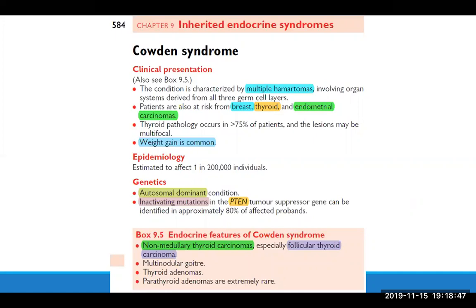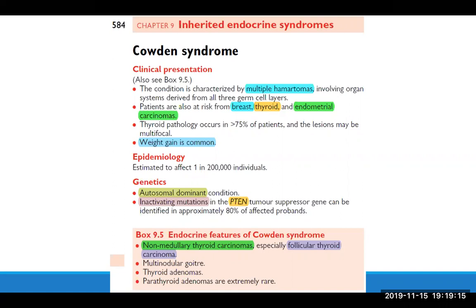A lot of questions ask which tumor suppressor gene causes Cowden syndrome. It is PTEN. Another question asks about the mode of inheritance of Cowden syndrome, which is autosomal dominant. And in the scenario, there is breast pathology, thyroid pathology, and endometrial carcinoma.